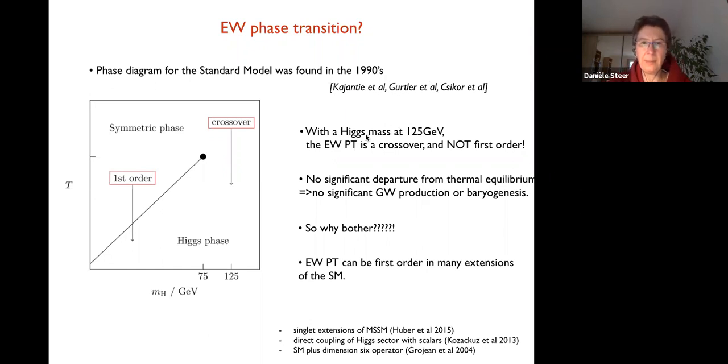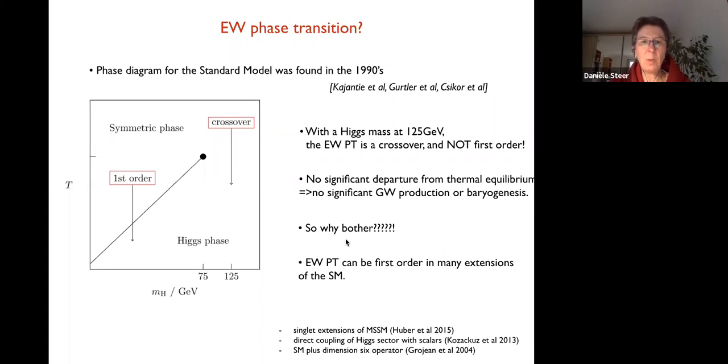And if the Higgs mass is 125 GeV, then the electroweak phase transition is actually a crossover, and it's not first order. So if it's a crossover, then it doesn't go through bubble nucleation. In fact, it's a much smoother process, and one doesn't expect any significant gravitational wave production.